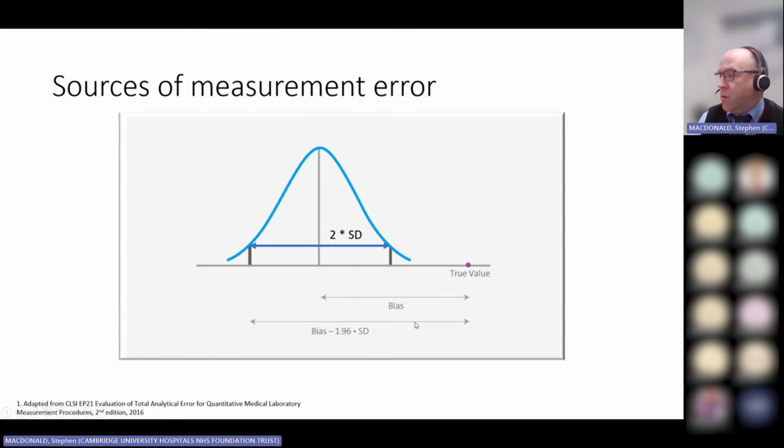And that magnitude can be quantified by the extent of the bias here, plus a description of the normal distribution, 1.96 times the standard deviation. That's a two-sided measure of the standard deviation, and we'll talk about the difference between a two-sided and a one-sided measure. But the point is that basically we combine these different sources of error together to give us some sort of measure of the analytical quality.